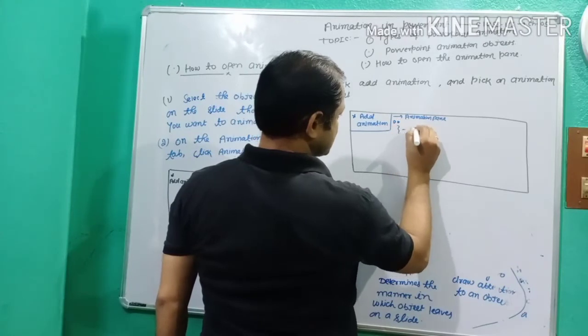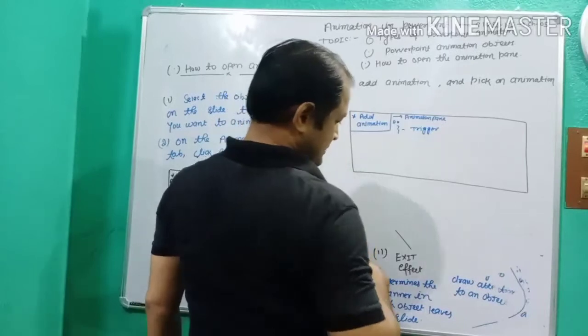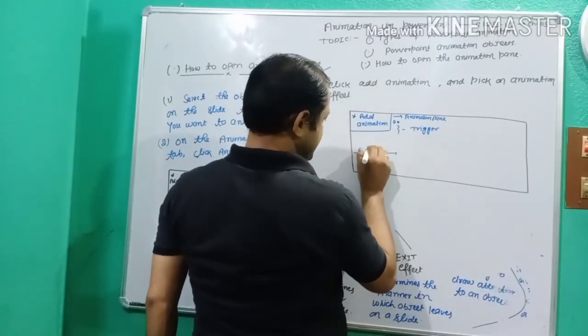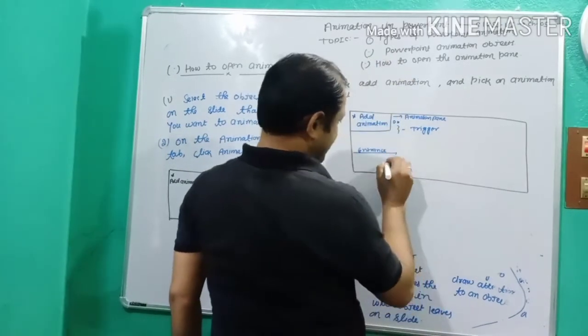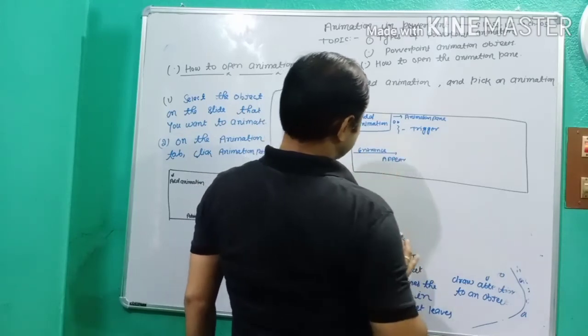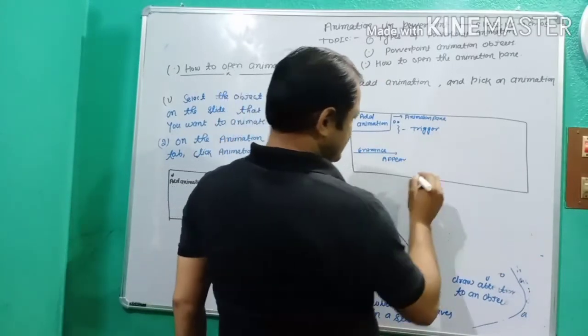This is also the trigger. This area is the entrance. Appear: there are so many such types of animation. Appear is also an animation.